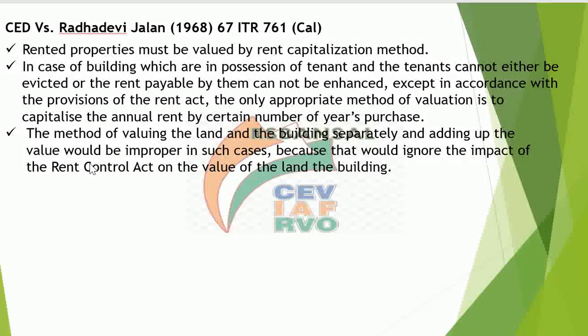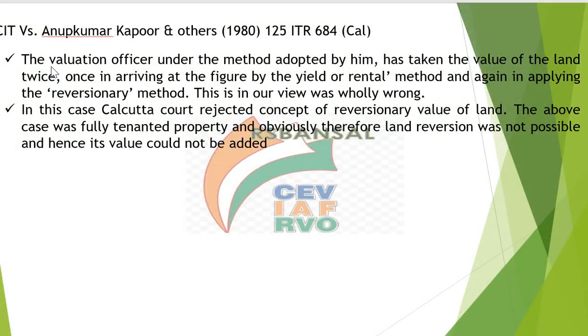And the next case law is CIT versus Anupkumar Kapoor and others. The valuation officer, under the method adopted by him, has taken the value of the land twice: once in arriving at the figures by the yield or rental method, and again by applying the reversionary method. So this, in our view, was wholly wrong.